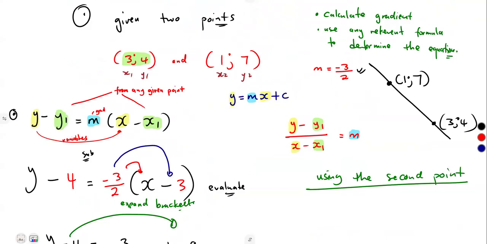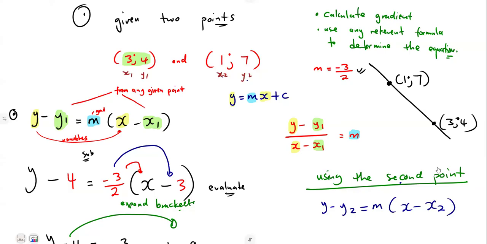So if we were to use the second point, our general form, I mean, this one that you're using to find your equation, y minus y1 is equal to, so it was going to be y2 because you're using the second point, x2, y2. So this is going to be y minus y2 is equal to m, our gradient, into x minus x2.